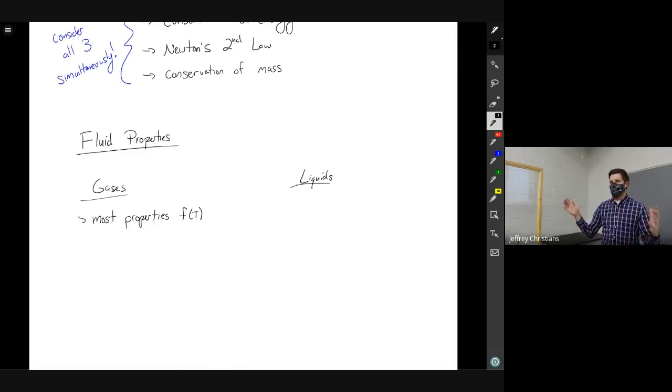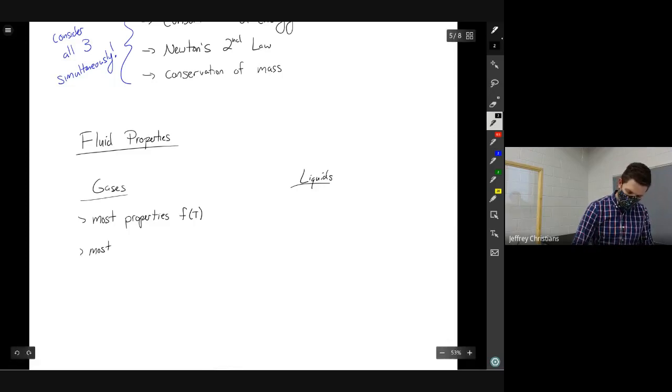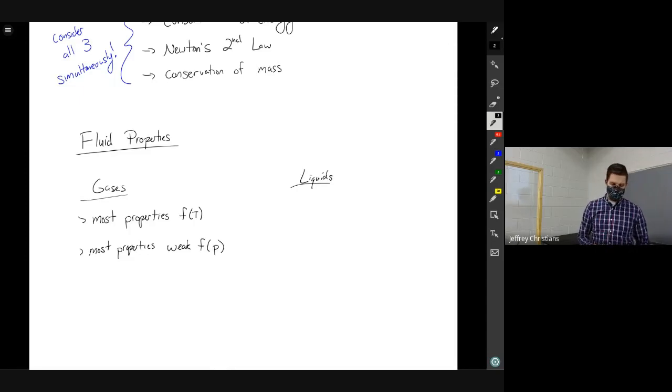Density, obviously, is a function of temperature. Things will expand and contract. Most properties are a weak function of pressure. So pressure doesn't matter as much.